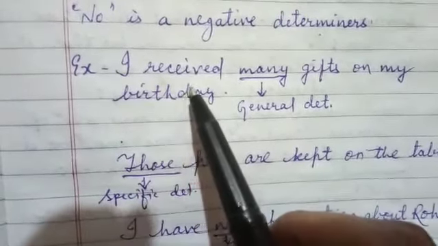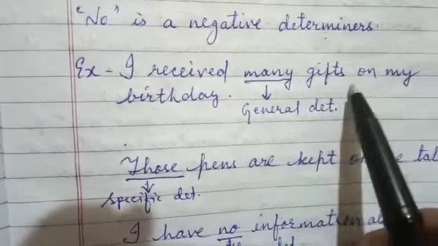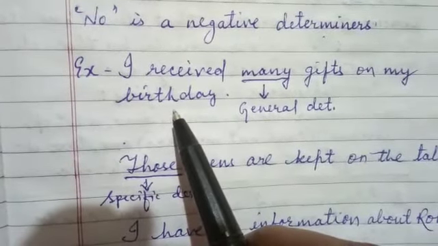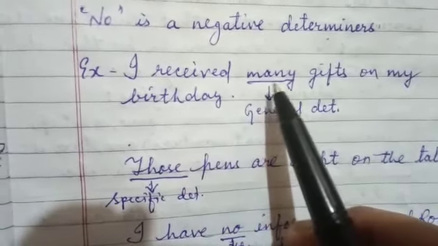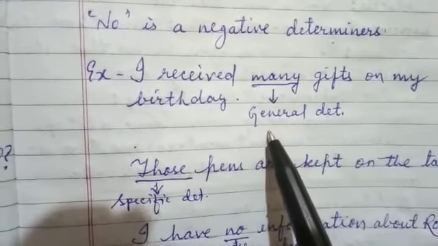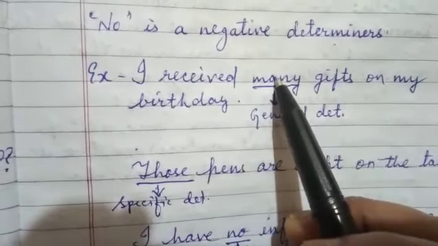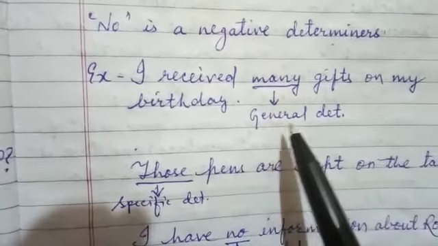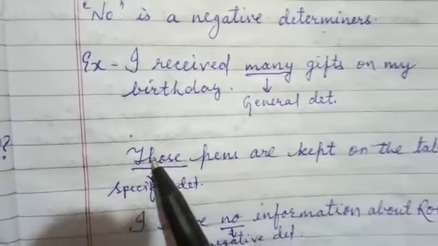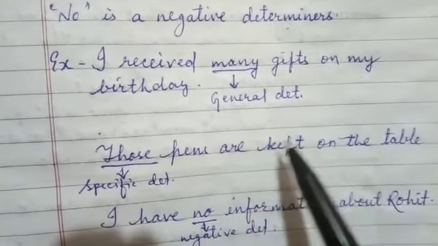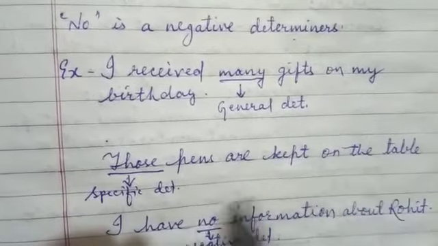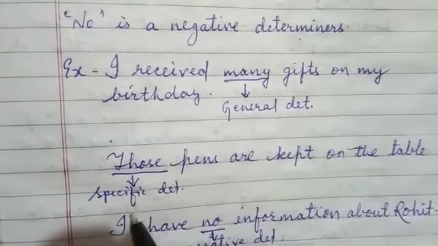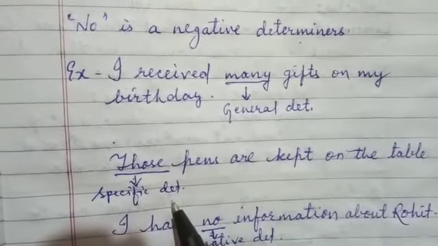First, I received many gifts on my birthday. I don't know how many gifts. This is a general determiner. Those pens are kept on the table. Now this those is a specific determiner.